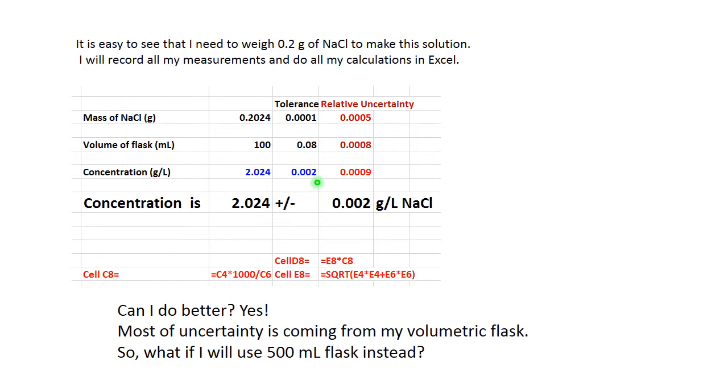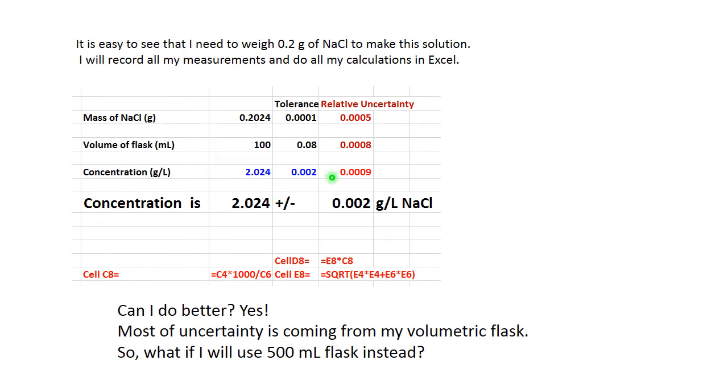What is the tolerance of this number? I am taking my tolerance here, squaring it, taking this one, squaring it, and receiving the resulting tolerance. You can see the formula right here. That's from the formula of uncertainties for a result of division or multiplication.